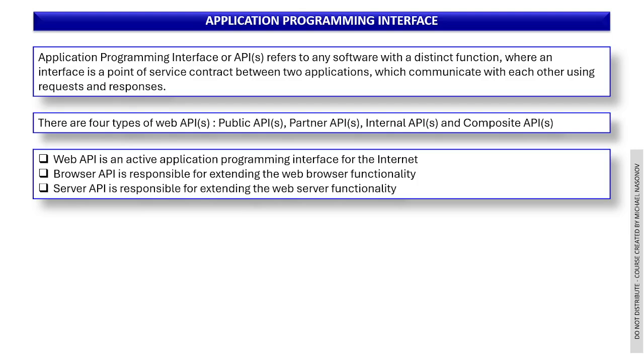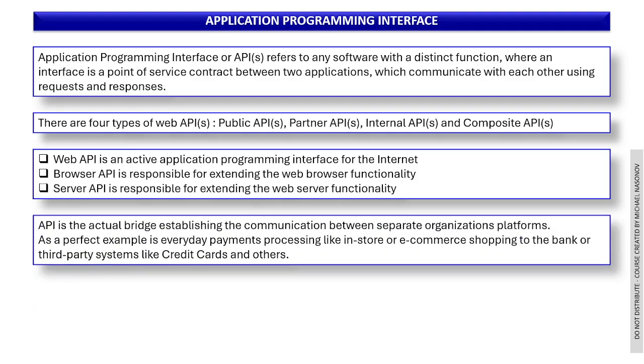Web API is an active application programming interface for the Internet. Browser API is responsible for extending the web browser functionality. Server API is responsible for extending the web server functionality. As you can see, three major types: Web API, Browser API, and Server API.